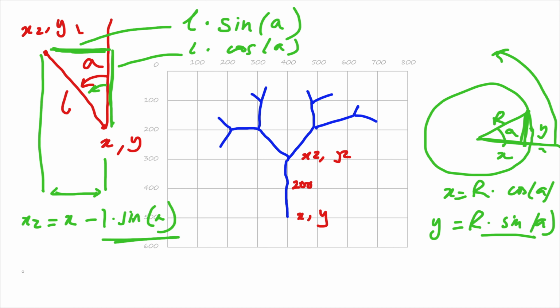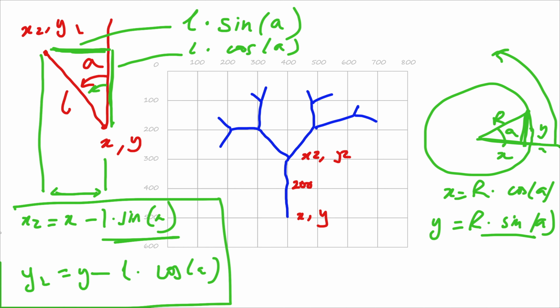And the same with y2 is the old y, the start of the line, and because in this computing environment y goes downwards, we need to say y minus that distance, which is L, the length of the branch, times cos A. So that's the magic equations that we need to work out the end of the line.